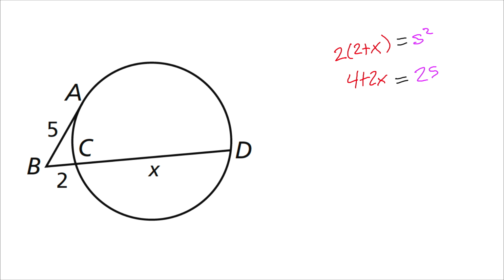At that point, we subtract 4. 2x equals 21. Divide by 2. X is going to equal 10.5. Which makes sense. 2 times 12.5 is 25.